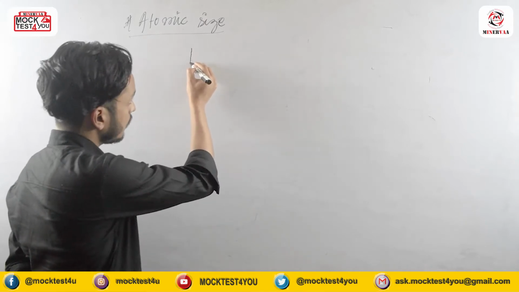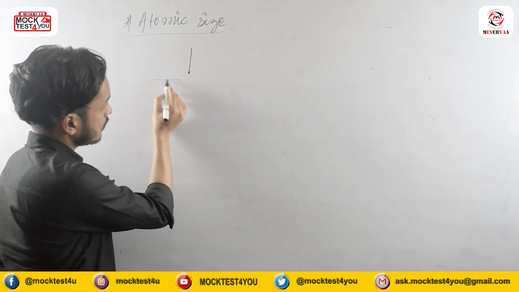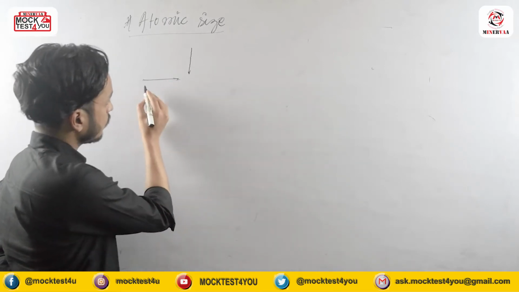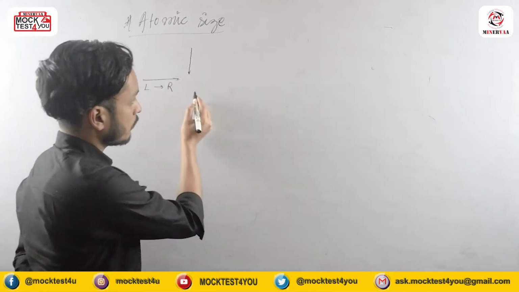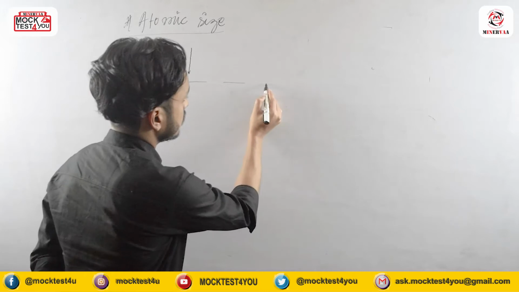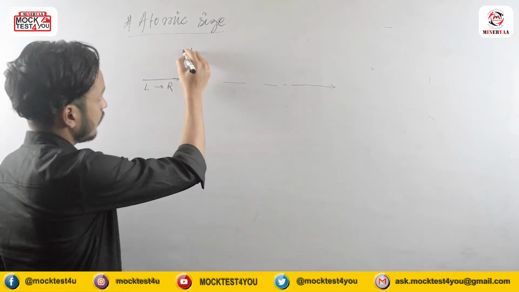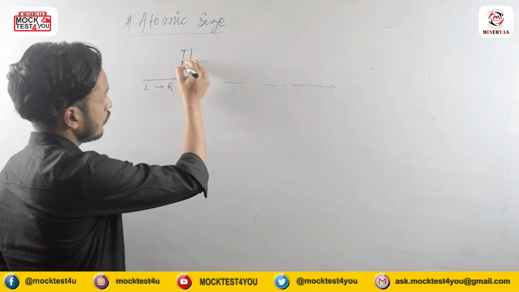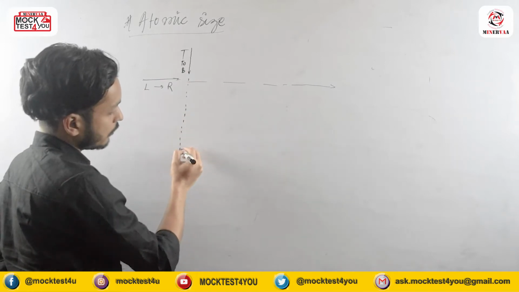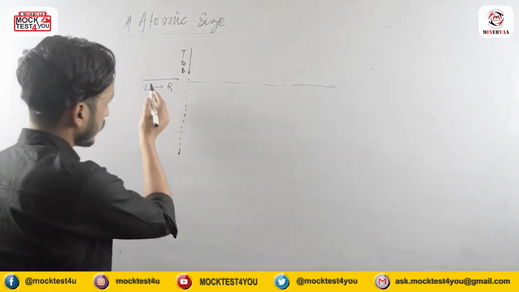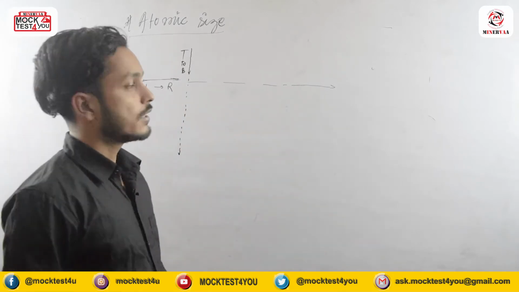If we are moving across the period from left to right, and if we are moving from top to bottom in the periodic table, what changes will you see in the atomic size?